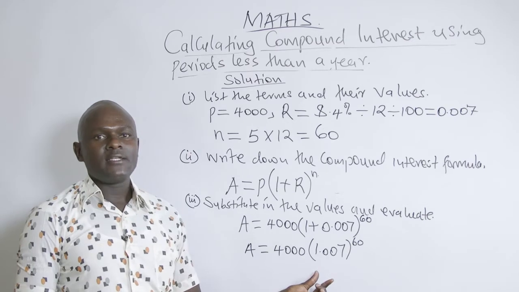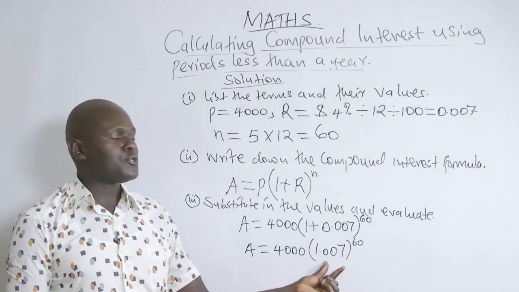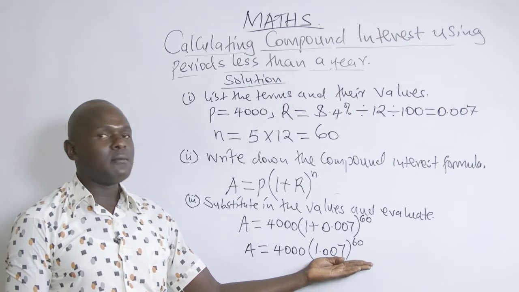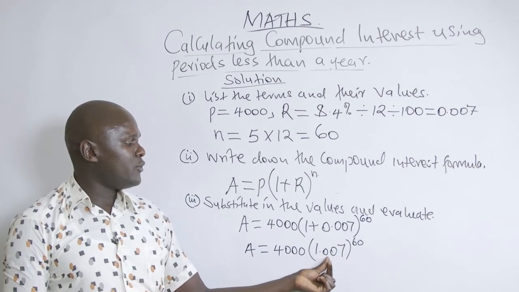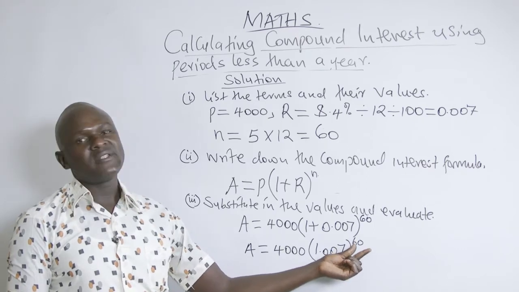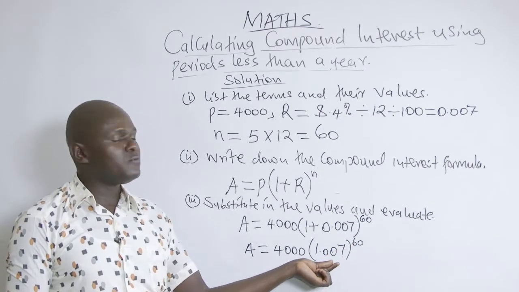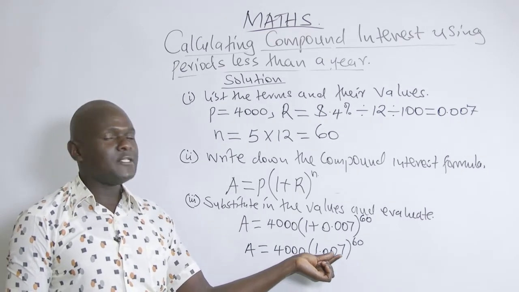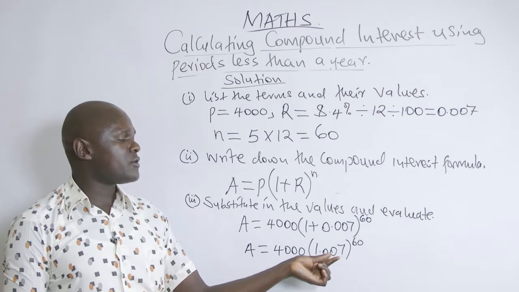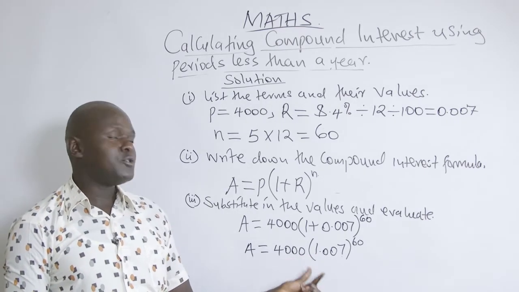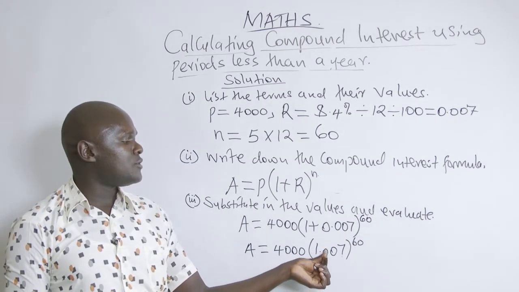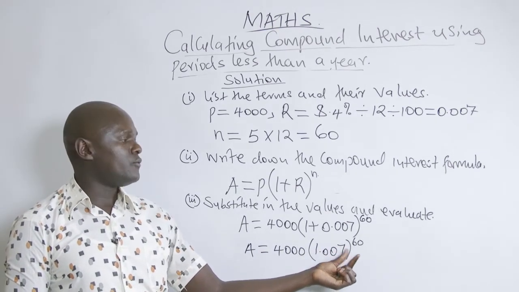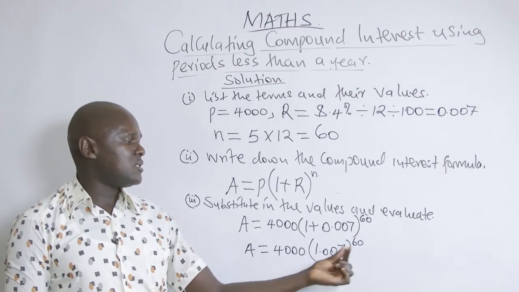So having done that, you need a calculator to solve this sum here. When you look at 1.007 raised to power 60, it means this value multiplied by itself 60 times. And you cannot do that manually. If you try that, it will take a lot of time. So you take your calculator, you press 1.007, then you press the symbol for raising to the power 60.